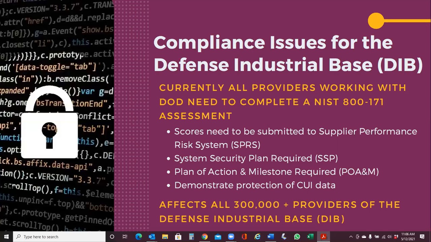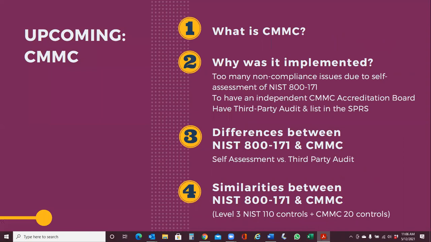As an adjunct to that, you are required to also provide your system security plan and your plan of action and milestones. And again, as we talked about earlier, a very important subset of that is making sure that you have the proper tools in place to assure protection of CUI data. It affects over 300,000 providers, as we know today.